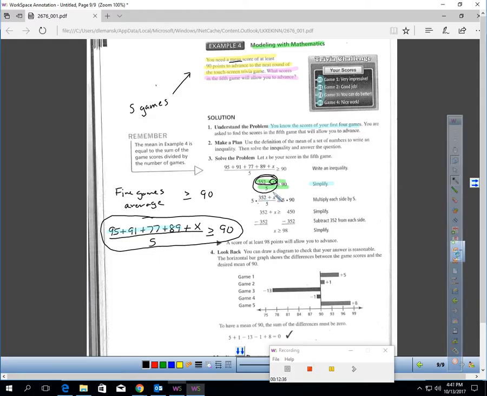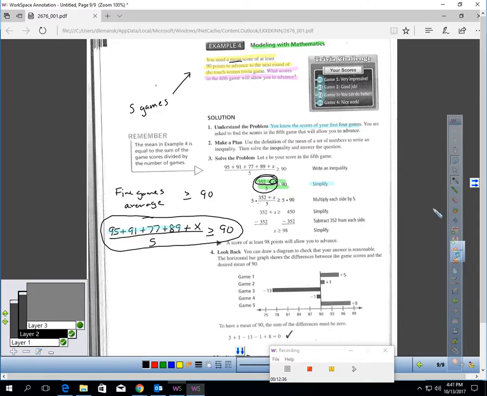So I got to get rid of that divide by 5 first. That's why you see in the work, the next step is multiply by 5. So 352 plus x is greater than or equal to 450. My last step of work, I can now subtract 352 from each side, and it looks like my score has to at least be 98 or more points.